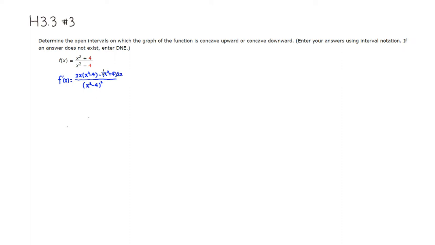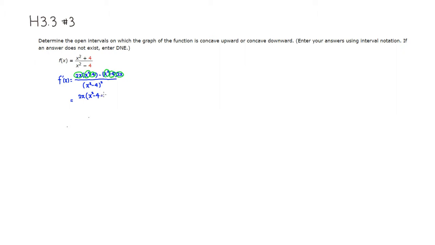Let's see, 2x is in common, so I'm going to factor out the 2x. Then what's left is, we took care of this 2x here and that 2x there, so we have x squared minus 4, then minus x squared plus 4.